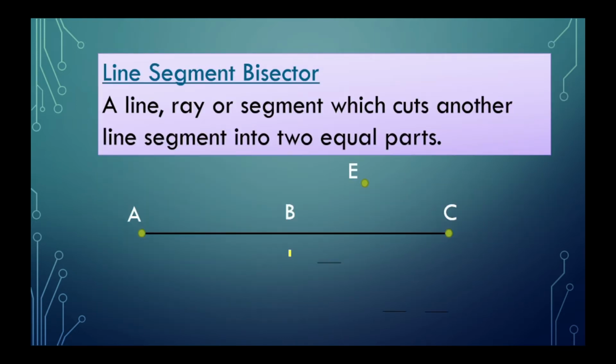Next, line segment bisector. This definition of line segment bisector, we already discussed in our lesson, week number 1, but let us have just a recap of this. A line segment bisector is a line, ray, or a segment which cuts or divides another line segment into two equal parts. So here we have segment AC.